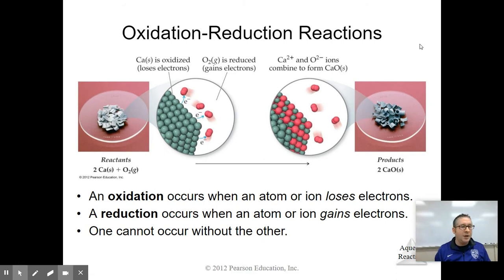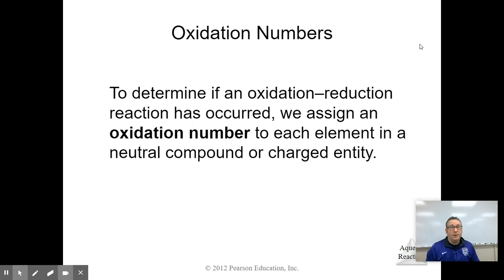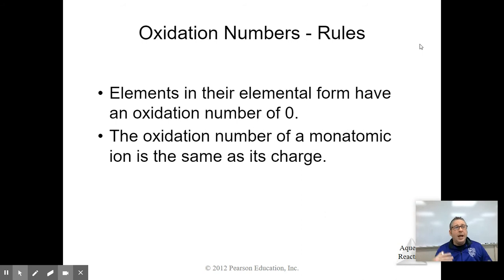All right. So I mentioned oxidation numbers just not that long ago. To determine whether or not an oxidation reduction has occurred, we assign what are called oxidation numbers to each element in a neutral compound or charged entity, an ion. So here are the rules that you must obey.